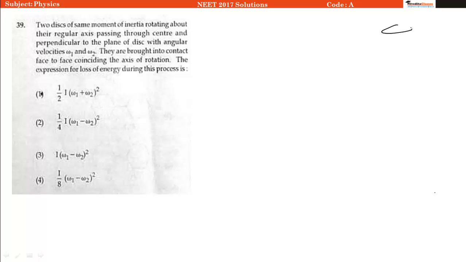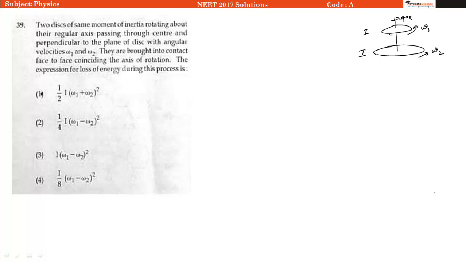So this is, let's say, disk 1. It has moment of inertia I and it is rotating with the angular velocity of omega 1. Coinciding with this axis of rotation, we are given another disk, which also has moment of inertia I, but it is rotating with a velocity of omega 2.